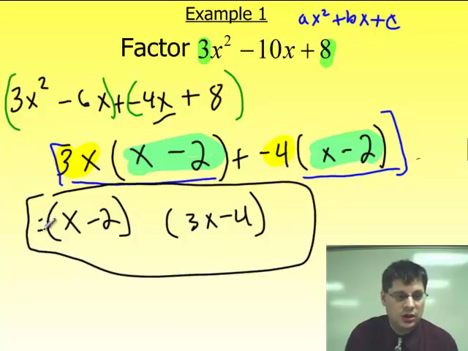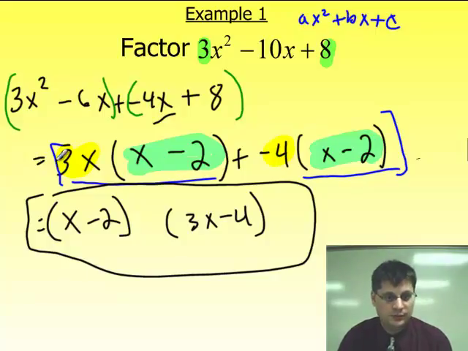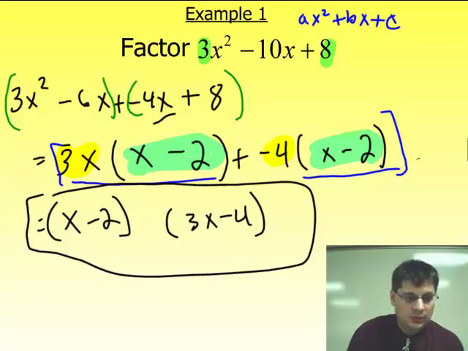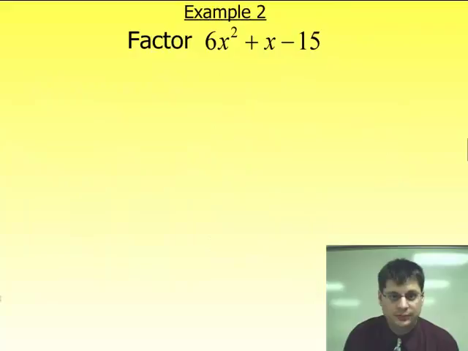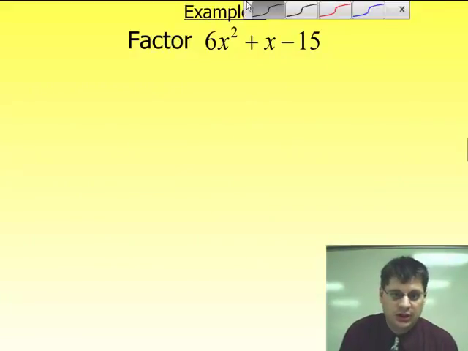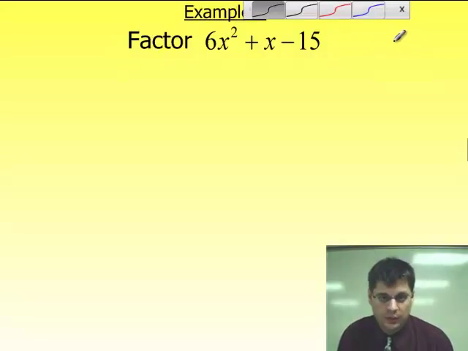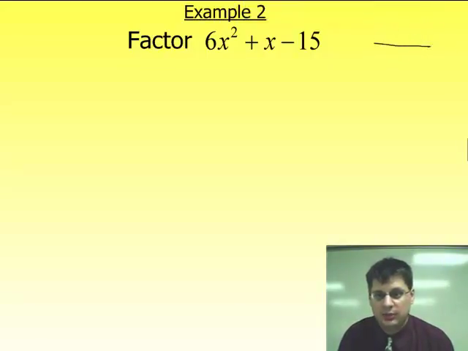Okay. So that's just our first example of factoring by grouping when a is not equal to 1. Let's take a look at another one. Since that was the first time seeing that, let's see what it looks like with a different one. It's still the same process.